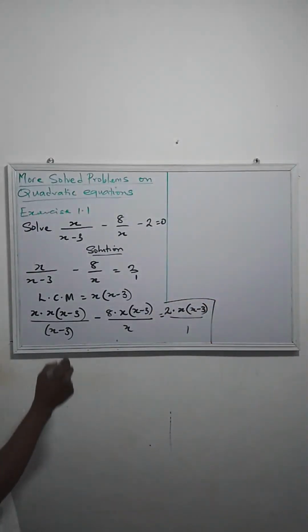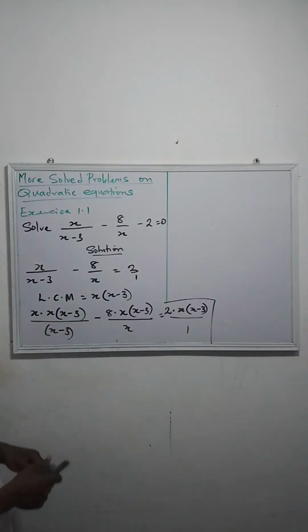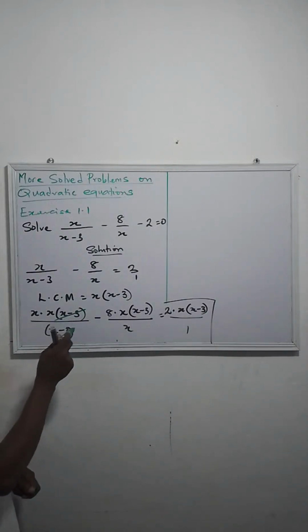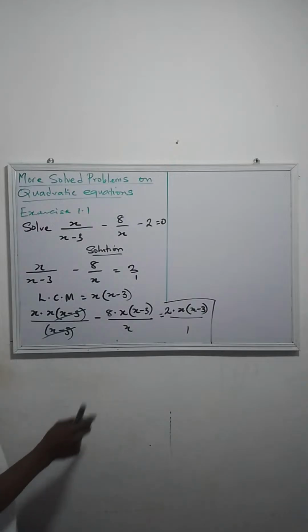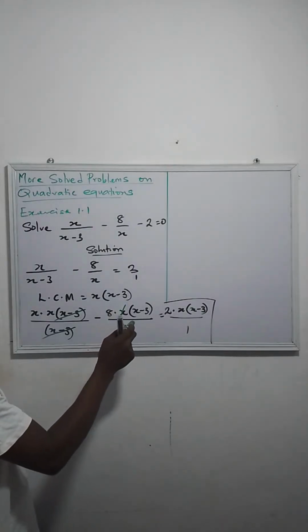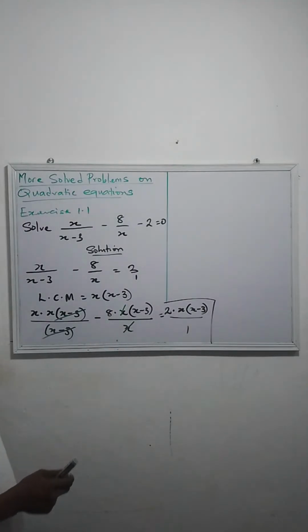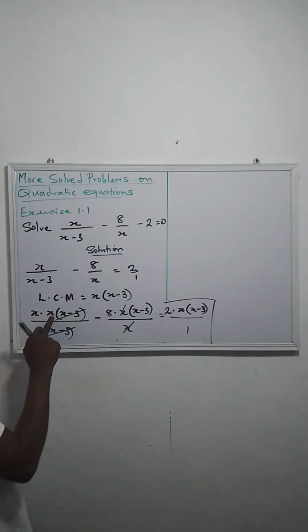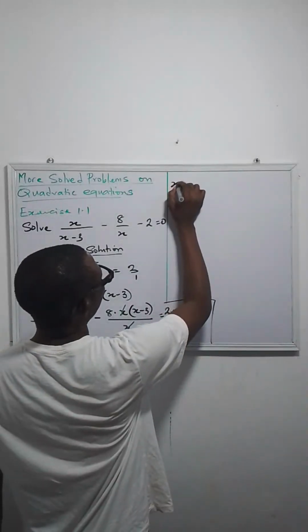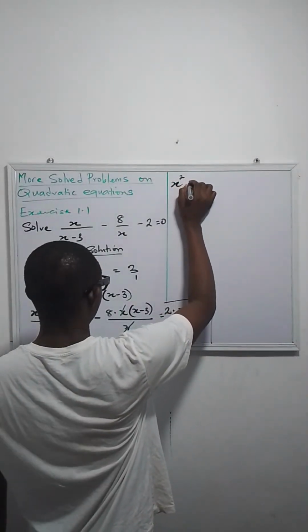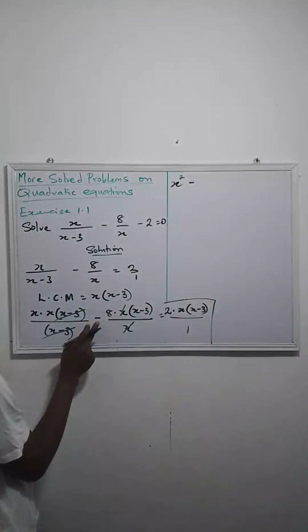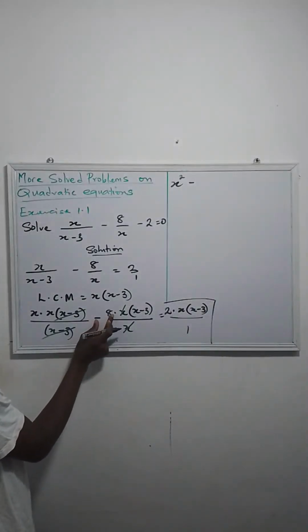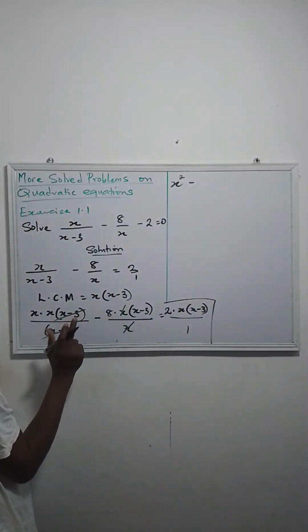Now let's see. This will cancel this. So let's cancel this out. This cancels this, and also x, we cancel this x here. So then what are we left with? x times x is x squared. So we have x squared minus, now look at this. This is minus 8. We have to be very careful here.